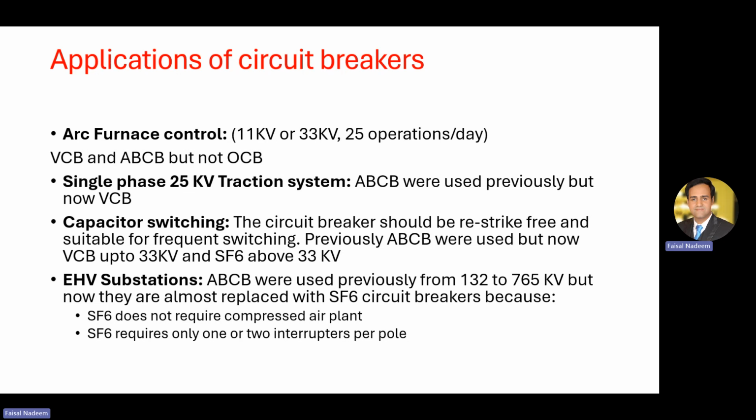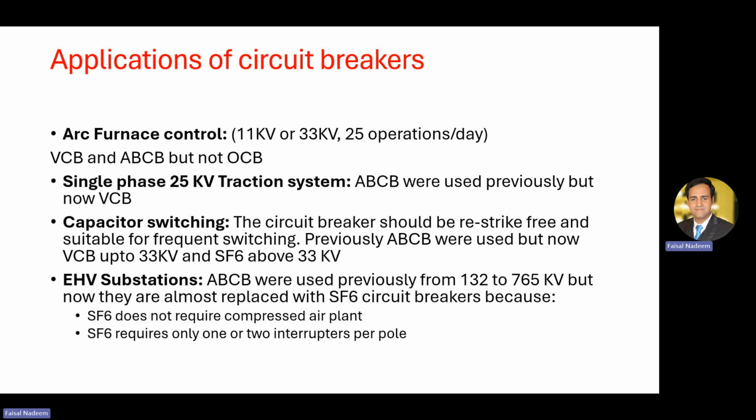These carbon particles accumulate on the contacts of the breaker, which affects its performance. So to avoid this accumulation of carbon on the circuit breaker contacts, we usually do not use OCBs, the oil circuit breakers, in the arc furnace control.